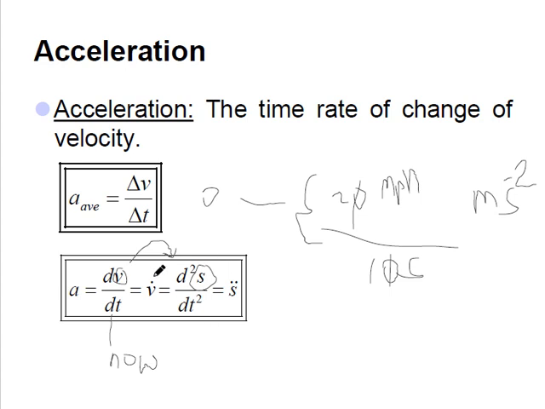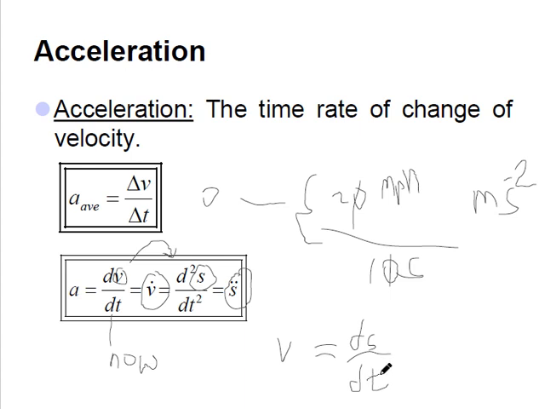If you write it in velocity, v dot, or s double dot, is going to be acceleration. That's acceleration. This is another symbol for acceleration, because don't forget, your v in velocity is ds, delta s divided by delta t.